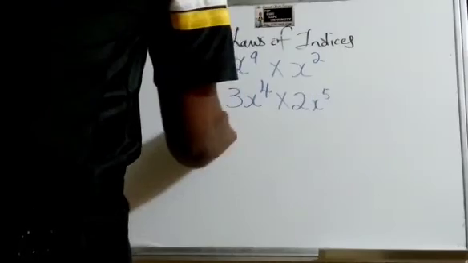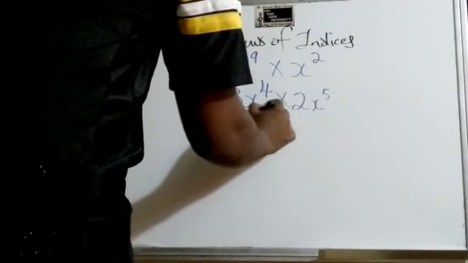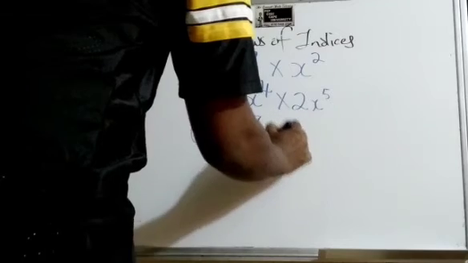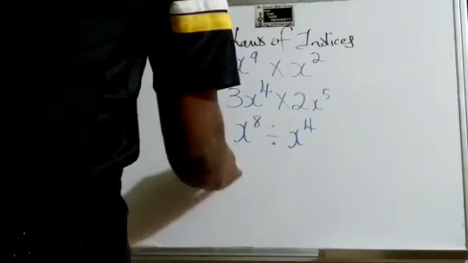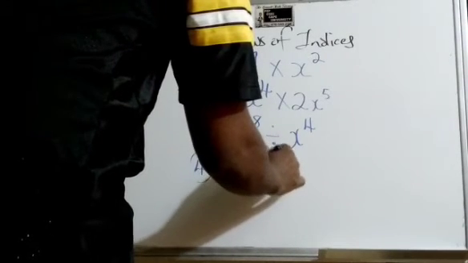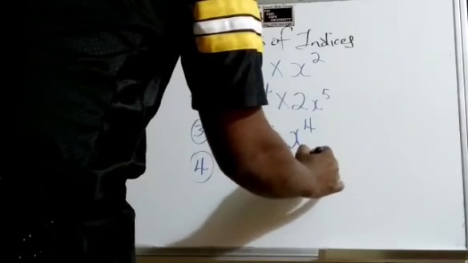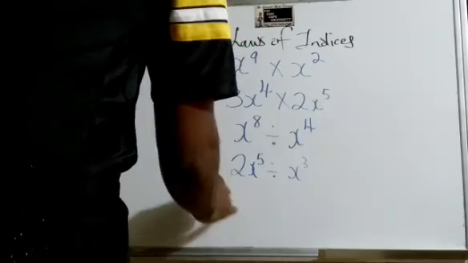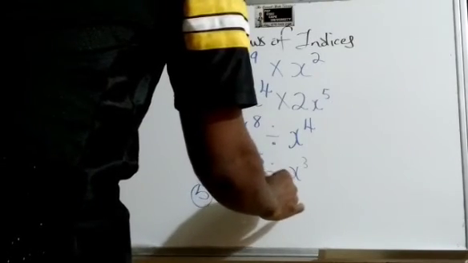And number 3, x to the 8th divided by x to the 4th. Number 4 says 2x to the 5th divided by x to the 3rd. And the final one will be 5 raised to the negative 3.